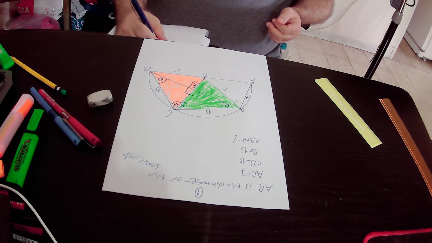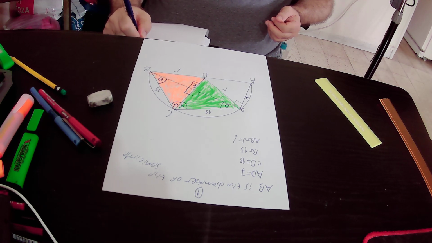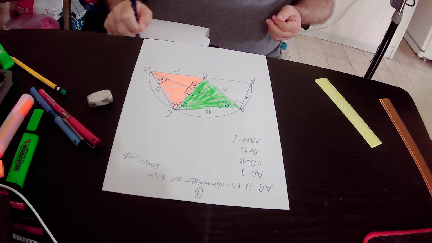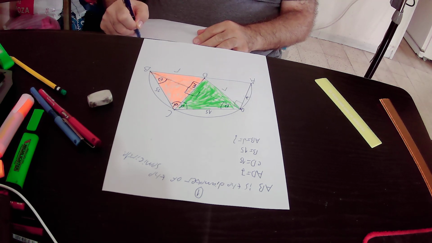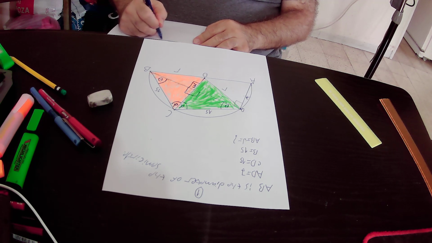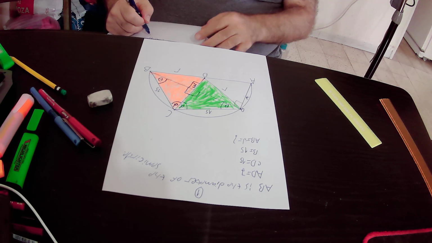We can write down that the sum of 3 right angles around point E is equal to 270 degrees.